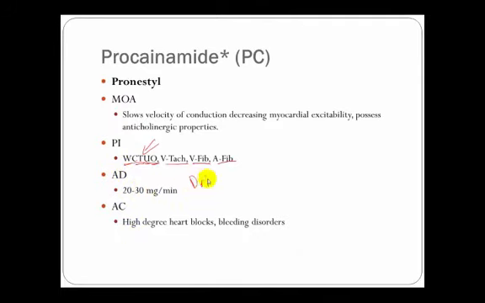The best way to put procainamide on board is to mix 1 gram, or 1,000 milligrams, into a 50 ml bag. That gives you 20 milligrams per milliliter.